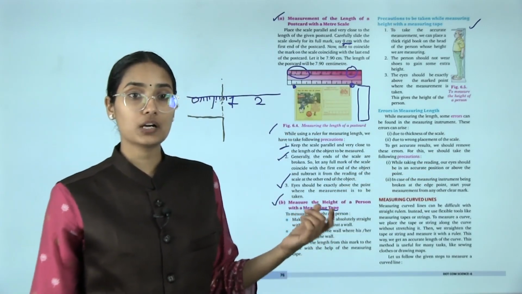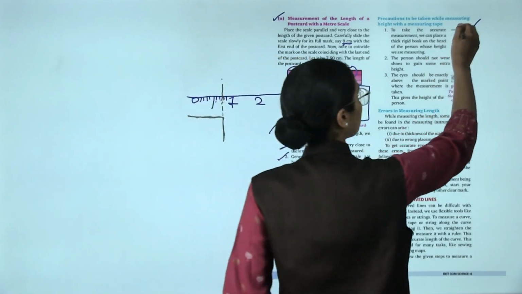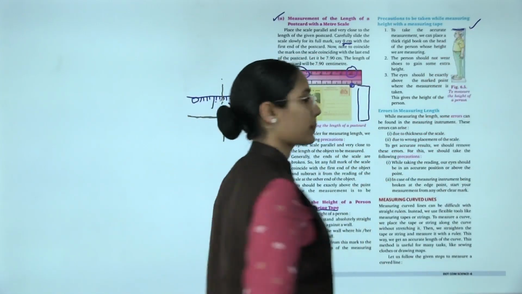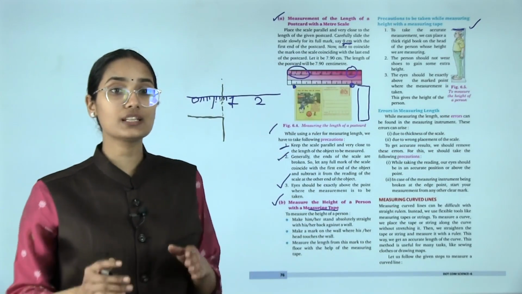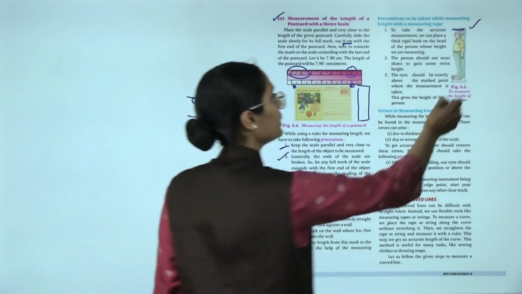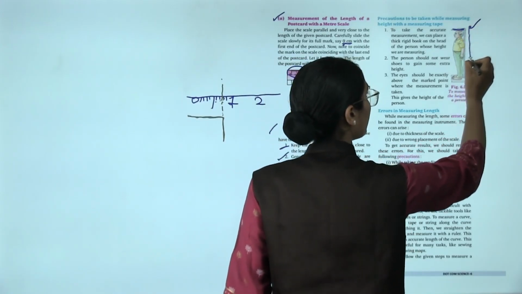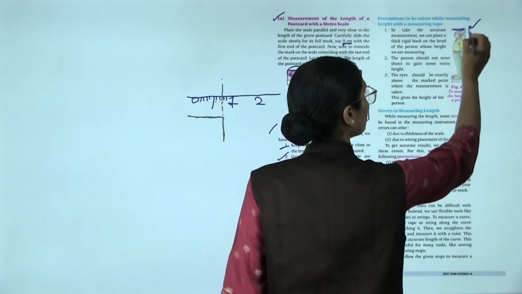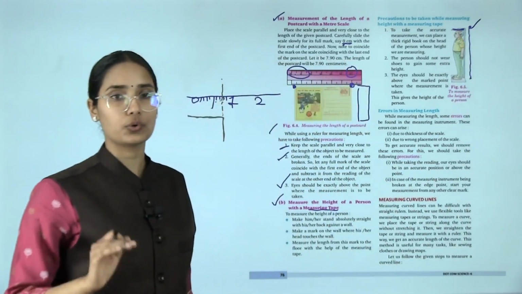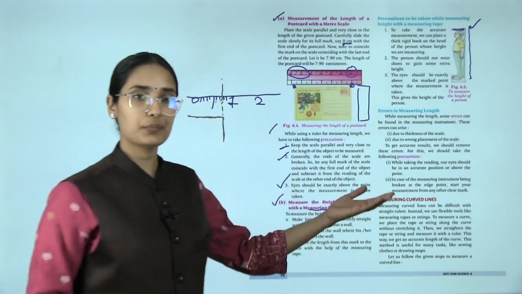Now make a mark on the wall where his or her head touches the wall, okay. So make a mark like this on the wall. Now measure the length from this mark to the floor with the help of a measuring tape. So now from this mark, use the tape and measure it to the base of the floor, okay. Now this is how you will measure the height of a person.